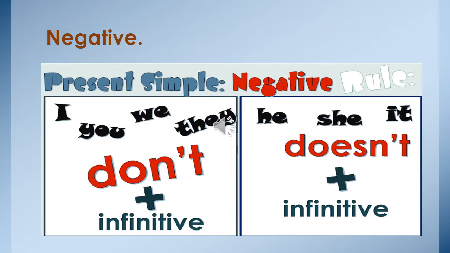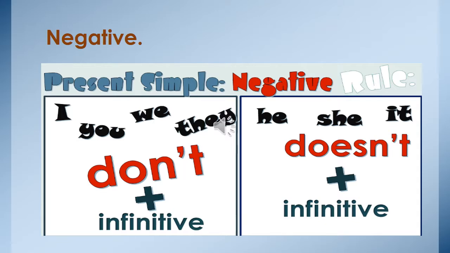Now this explanation is about the negative form of the present simple. It's so important that you use the auxiliaries don't and doesn't. American people use doesn't as a contraction, but Latin people can use does not.